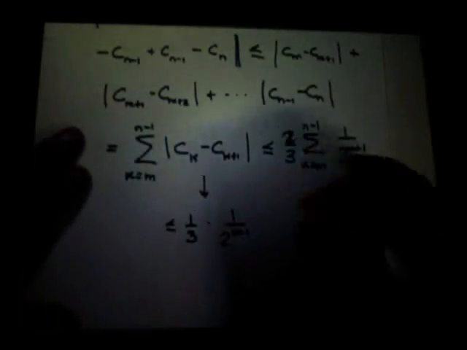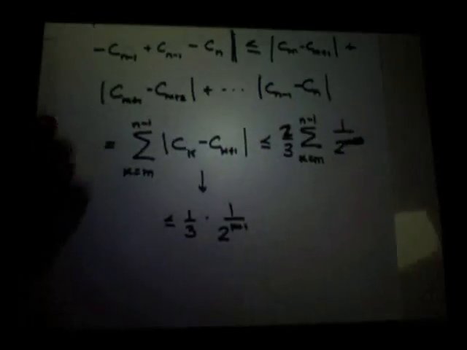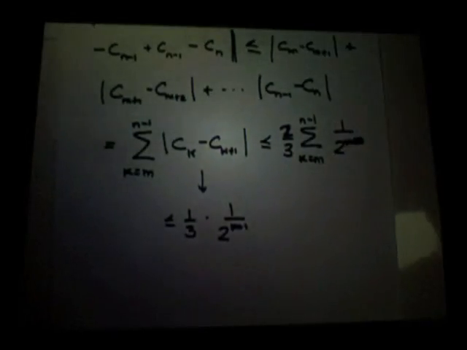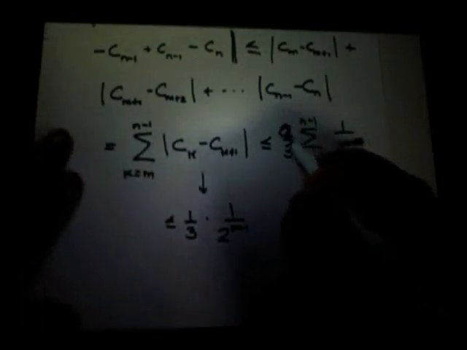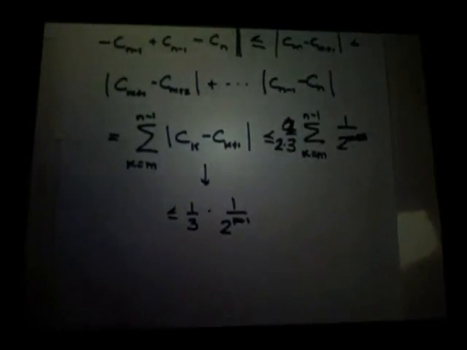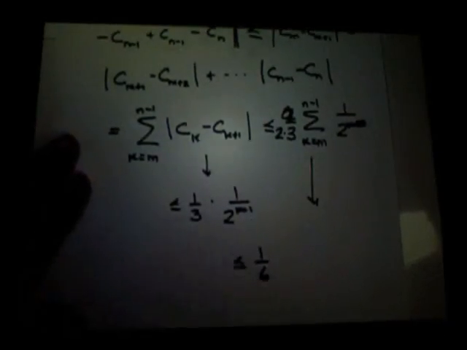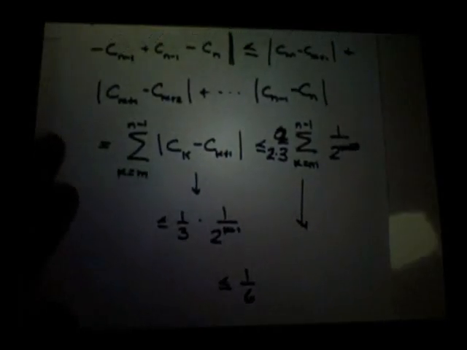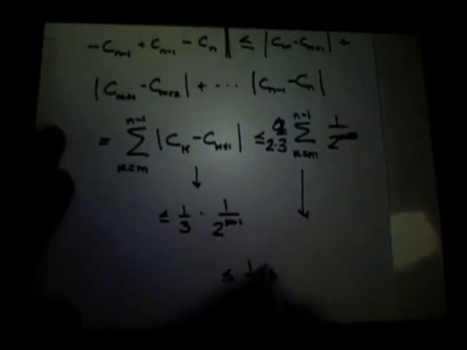Why don't we do this? I'm going to put a 2 there and take it out of there. Wait a minute, put it down here. I put it in the wrong place. Okay. So this thing is 1/6. This is bigger than the sum we're trying to show.